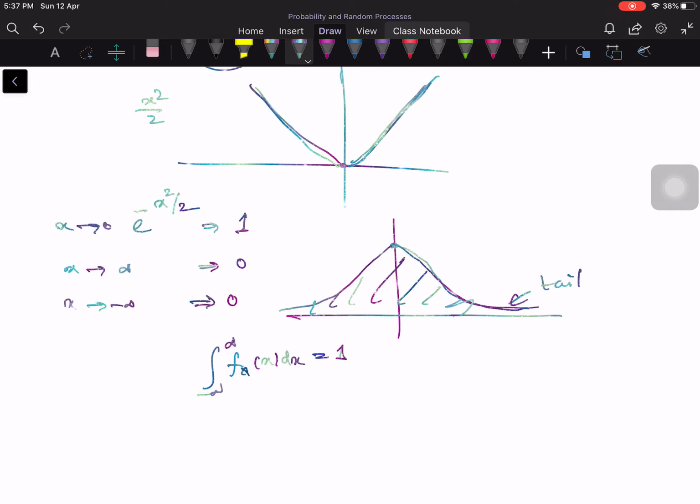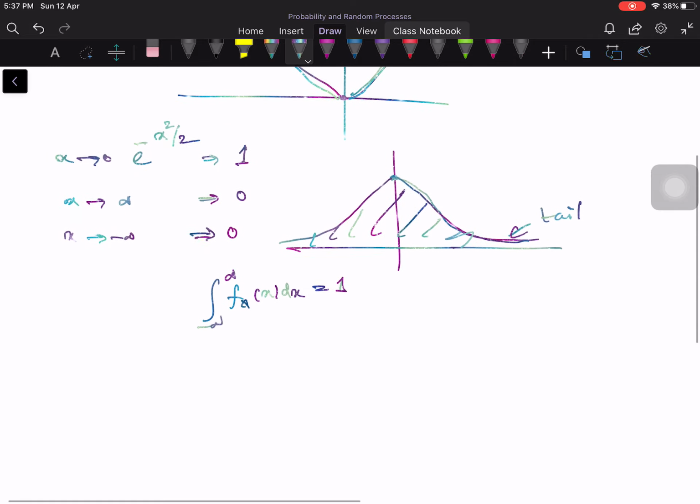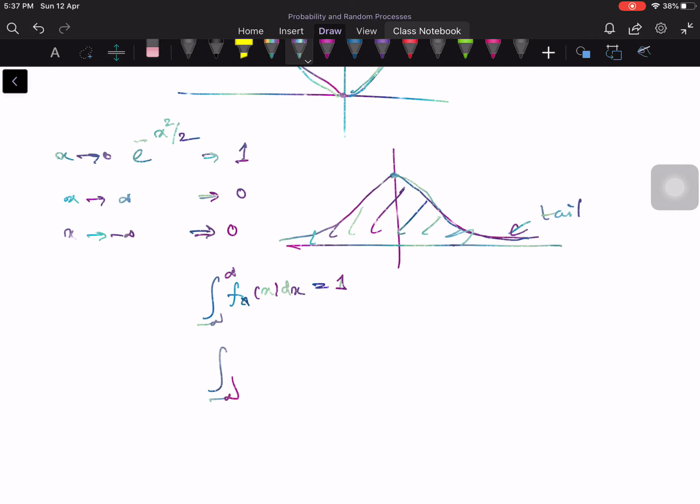So you have to do your calculus exercise and find the integral of this. The integral from minus infinity to plus infinity of e to the minus x squared over 2 times dx.